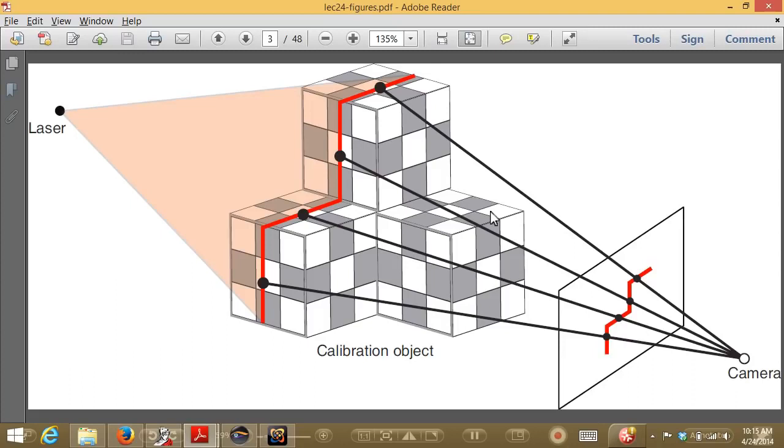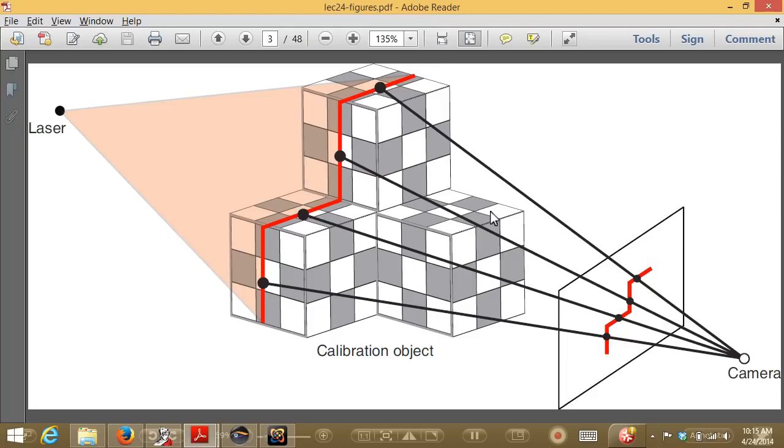This is only one sketch, but the basic idea is that first you show the system some object with known geometry, you take pictures of it, you shine the laser stripe on it, and then you can tell how to match them up, right? Most laser stripe scanning systems will give you a calibration object in the box with the scanner that you use before you start to scan anything.